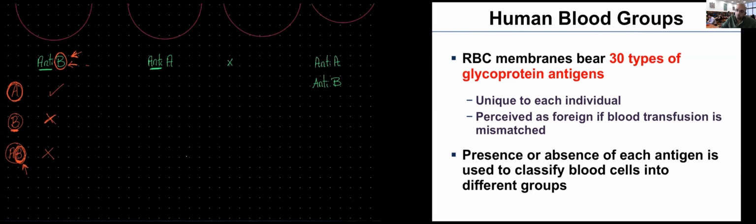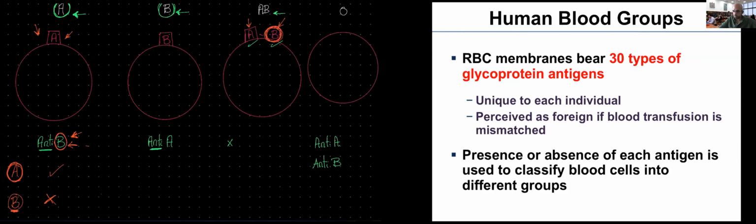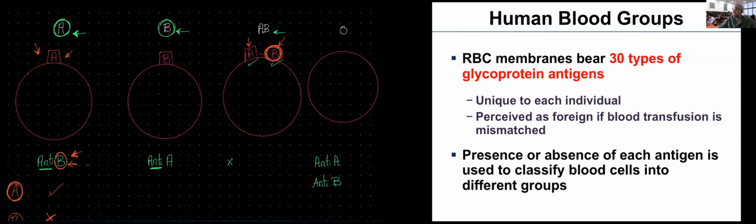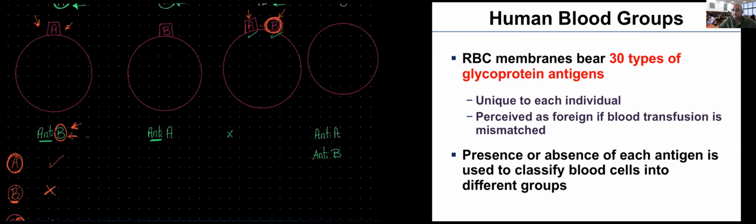Can you give me a blood group type O? What do you think? What antigens do you have on the red blood cells of a blood group type O? You don't have antigens. If I don't have antigens, would there be a problem getting those red blood cells?